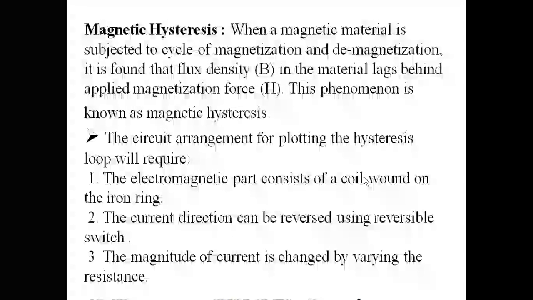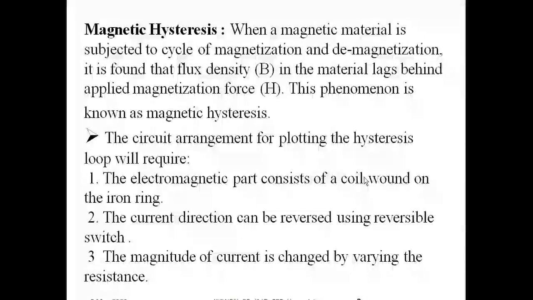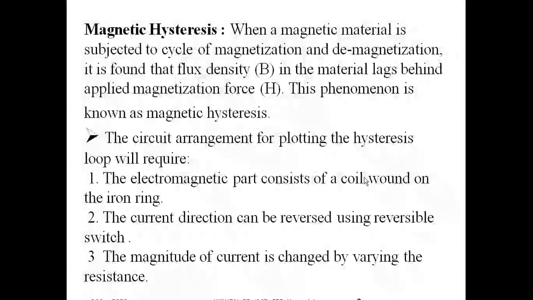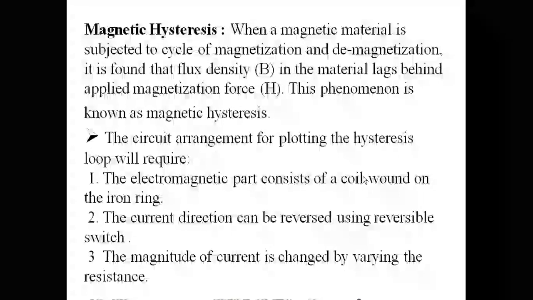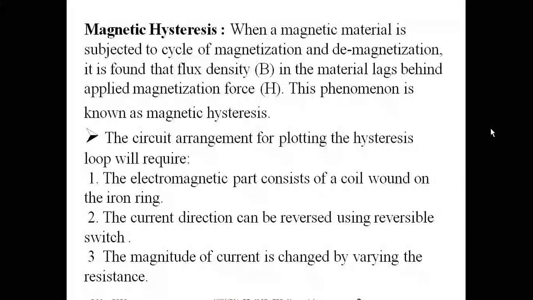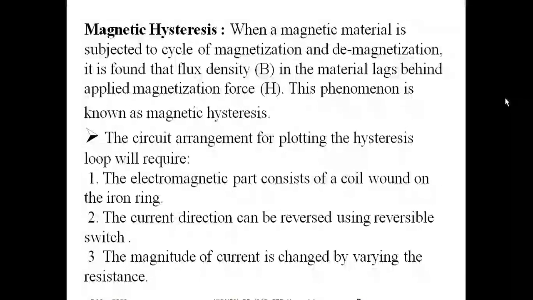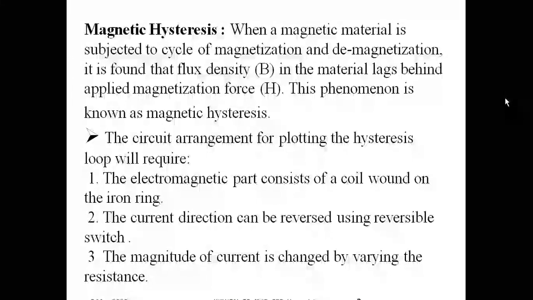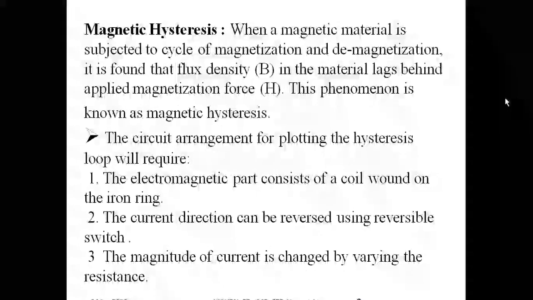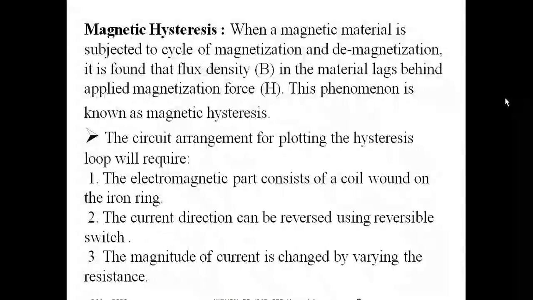Now before we discuss the hysteresis loop in detail, we'll first define the term magnetic hysteresis. Magnetic hysteresis is defined as follows: when a magnetic material is subjected to a cycle of magnetization and demagnetization, it is found that the flux density in the material lags behind the applied magnetizing force H. This phenomenon is called magnetic hysteresis.